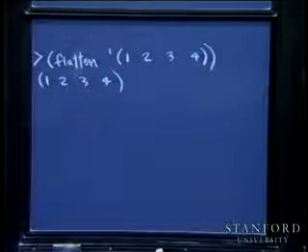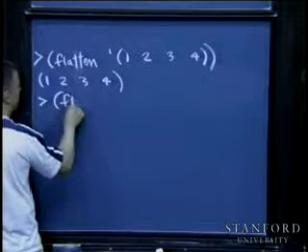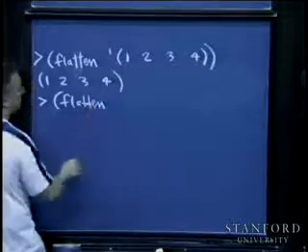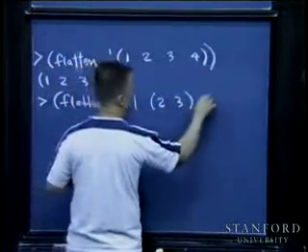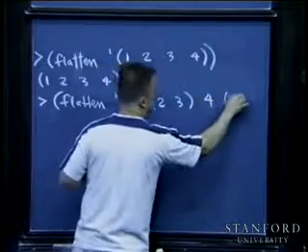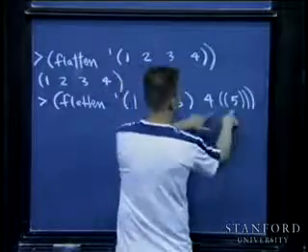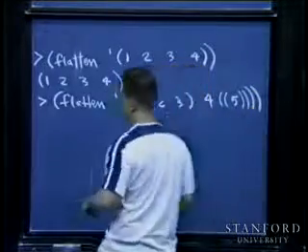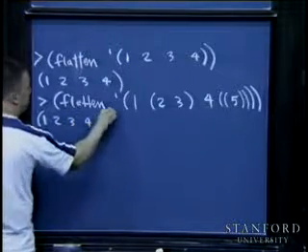Okay, there are no nested lists at all. But if I give it something like this, I want it to come back with this right here.